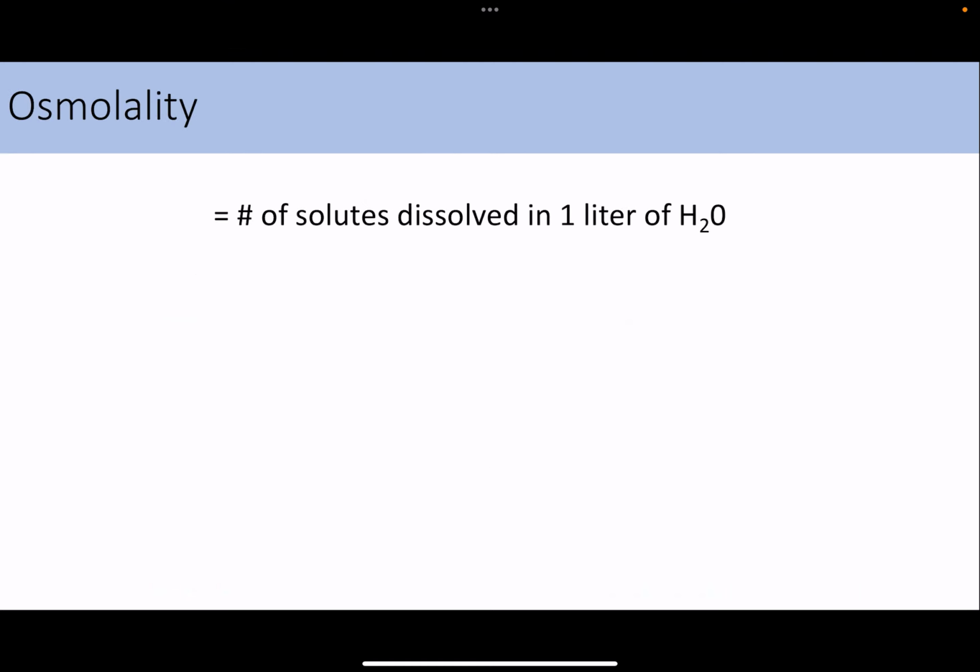So osmolality, which we've talked about before, is the number of solutes that are dissolved in 1 liter of water. If you read other sources, it may also say a kilogram of water, though they are the same measurement. So osmolality is going to direct the net flow of water. Water moves according to osmotic gradients.